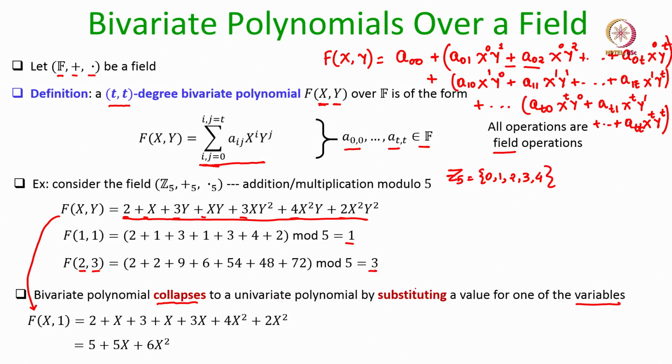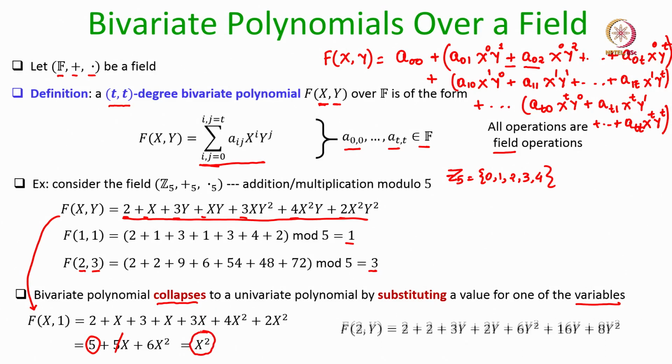Since we are performing all the operations modulo 5, in the field Z 5 the element 5 is same as the element 0. So, that is why this 5 will vanish, 5 times x also will vanish, and 6 will be 6 modulo 5, which is 1. So, the value of this bivariate polynomial at y equal to 1 will result in a univariate polynomial x square.